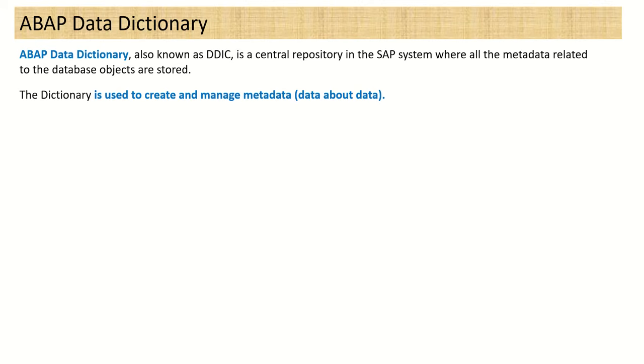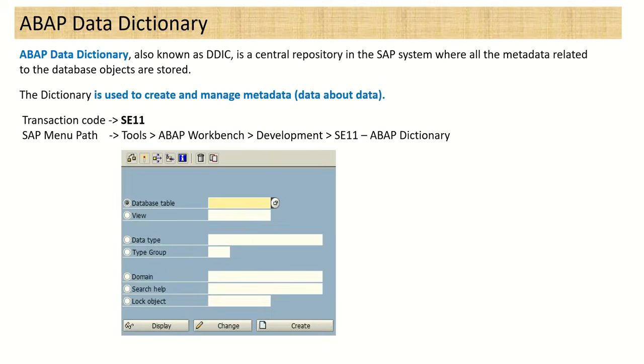And how do we access the DDIC? As in our first ABAP program, we navigated to SE38: we entered transaction code SE38 in the command field, and there we created our first program. In the same way, to access the ABAP DDIC, the transaction code is SE11.